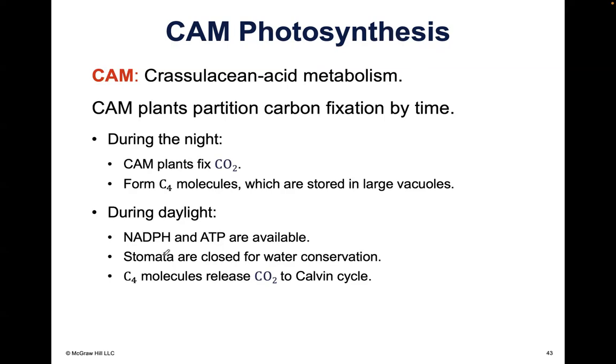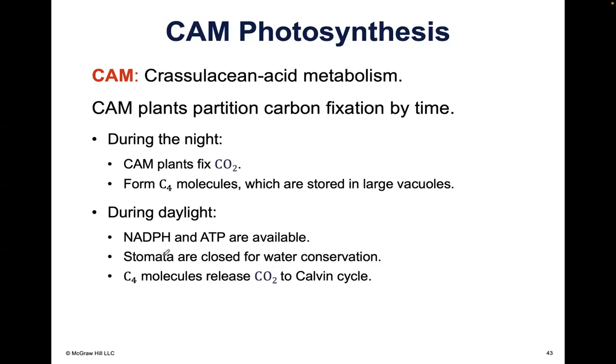Now I want you to look at the difference. In the CAM plant partitioning, they fix carbon in different ways. During the night, the CAM plant will fix CO2, which means adding CO2 to the system. It forms a C4 molecule because it had C3 before.